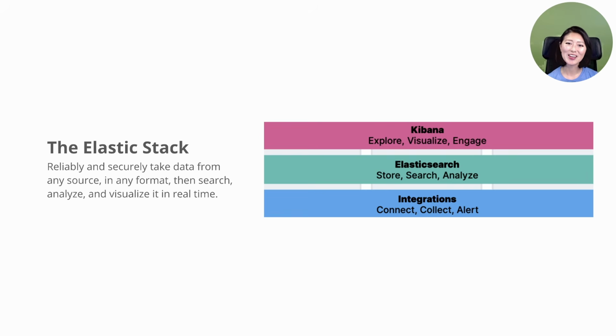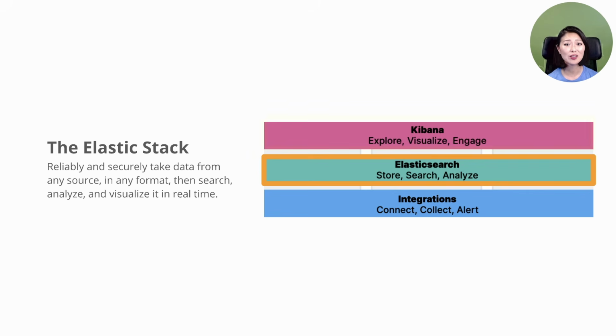Now, all of these use cases are made possible by the Elastic Stack. And with the stack, you could take data from any source in any format, then search, analyze, and visualize in real time. It's a collection of 3 products. First, we have Elasticsearch, which is the heart of the Elastic Stack. It allows you to store, search, and analyze your data.